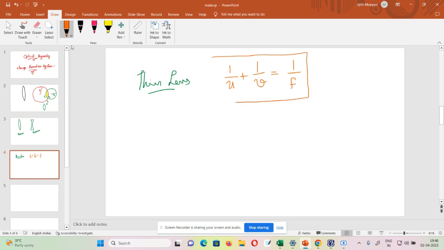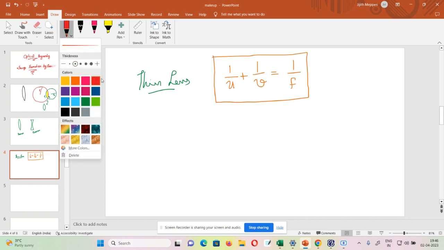This is the imaging equation given for a thin lens.